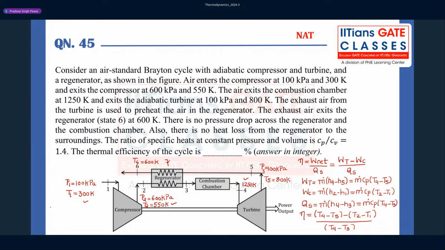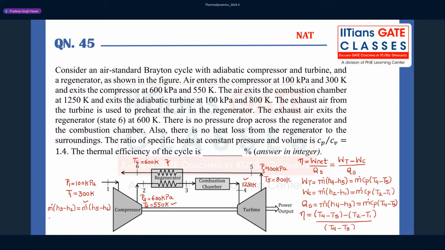So what is the heat gain by the air which is coming from the compressor? It will be m dot (H3 minus H2). And what is the heat lost by the exhaust of the turbine? It will be m dot (H5 minus H6).